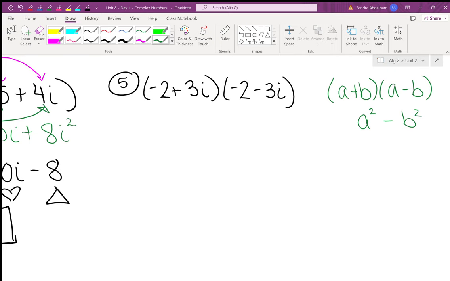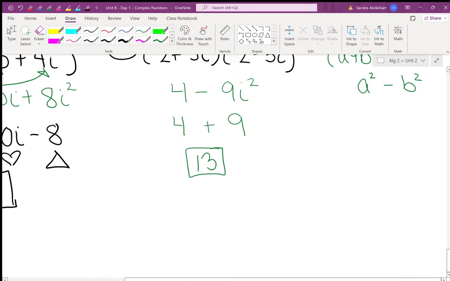I'll write it out for you, but let's just do this. Did you FOIL it out? All right, when you FOILed it out, did you end up getting 4 minus 9i squared, middle term canceled? Now remember that i squared is a negative 1, so this ends up becoming 4 plus 9, which is 13. So what do we need to know very well, because it's going to come up in the future?